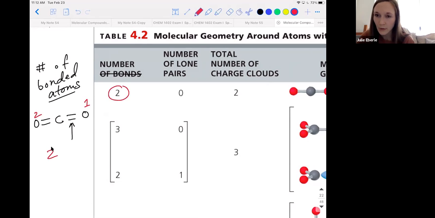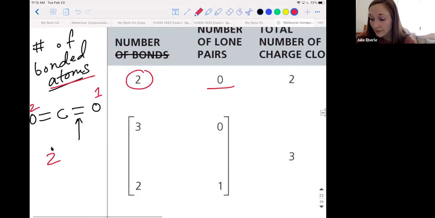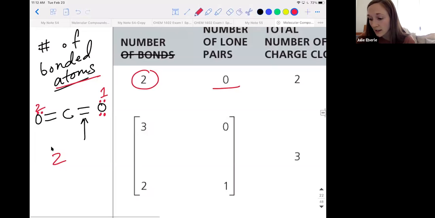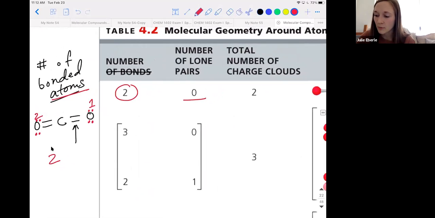That would be an example of counting the number of bonded atoms instead of bonds. How many lone pairs are on carbon? 0. And remember, I do know that oxygen technically does have 2 lone pairs, each of those oxygens, but we are not trying to name the geometry of exterior or perimeter atoms. We're trying to name the geometry of our central atom. And carbon is the central atom in this case, and carbon has no lone pairs. Carbon should never have lone pairs. So if we're counting the number of bonded atoms, we get 2.